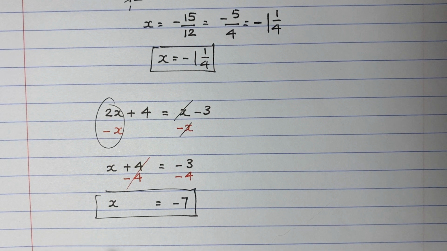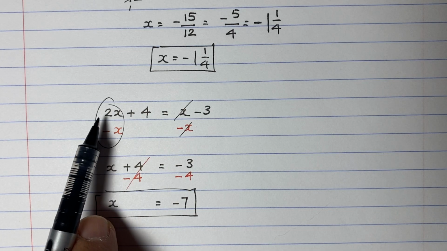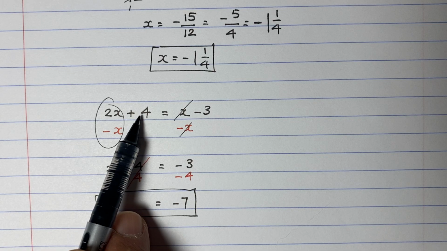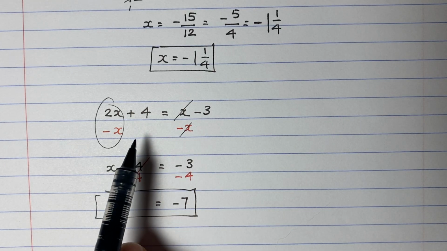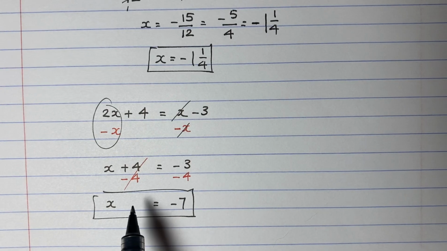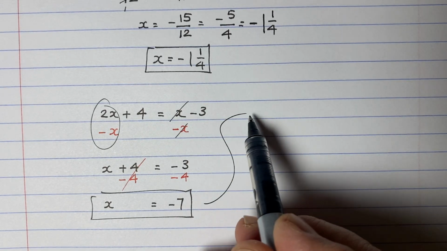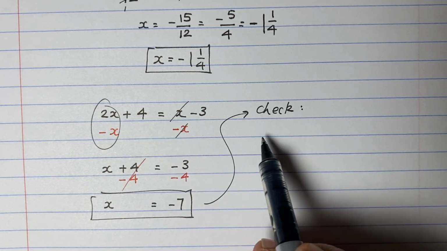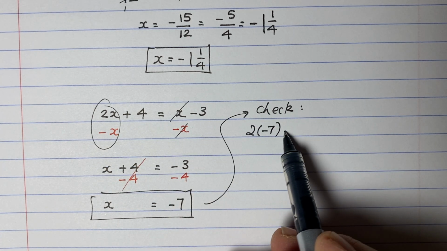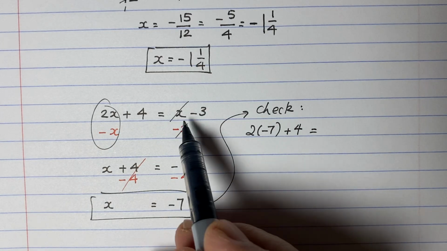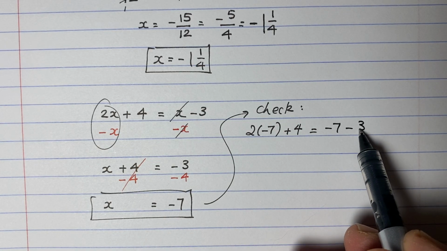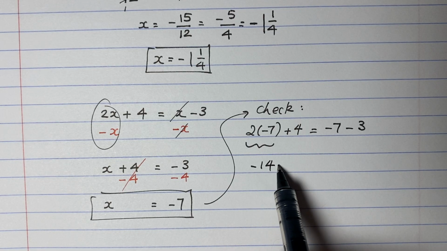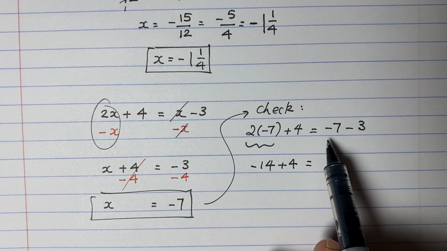And that's the answer. So if you put minus 7 here, 2 lots of minus 7 plus 4 must give you the same as minus 7 minus 3. It should satisfy the equation. Just check. 2x plus 4: 2 lots of minus 7 is minus 14, plus 4, should be the same as x minus 3, which is minus 7 minus 3.